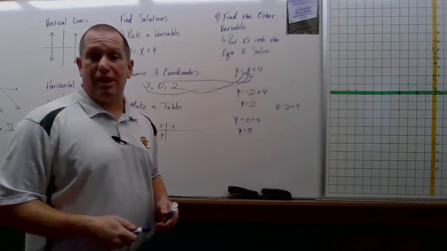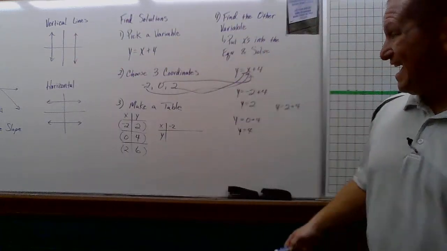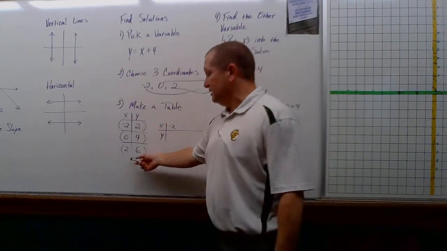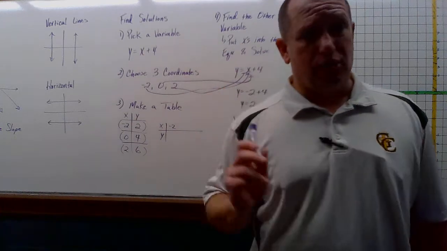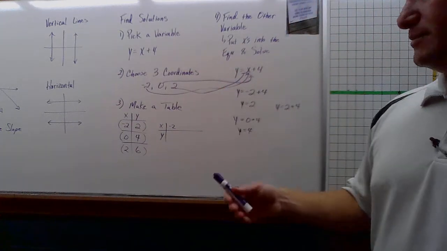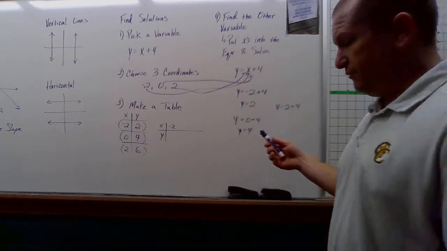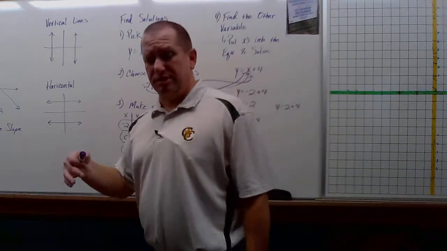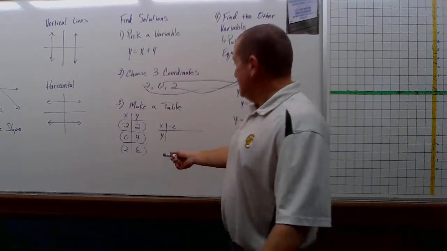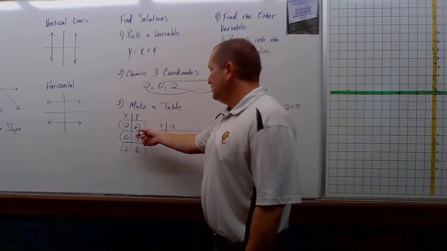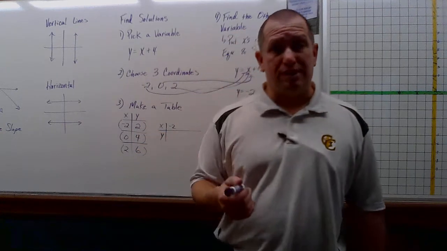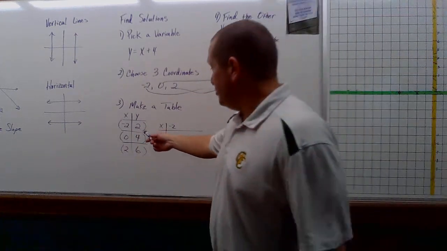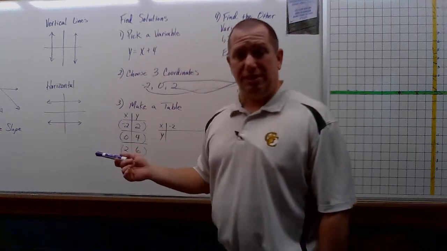Now, when we get into the graphing part, you need at least 3 points to make a graph on our coordinate plane. Sometimes they'll say 4 solutions in this section, but again, it doesn't matter what the actual directions say. Anytime that you're going to graph, you need at least 3, but you can do as many as you want.